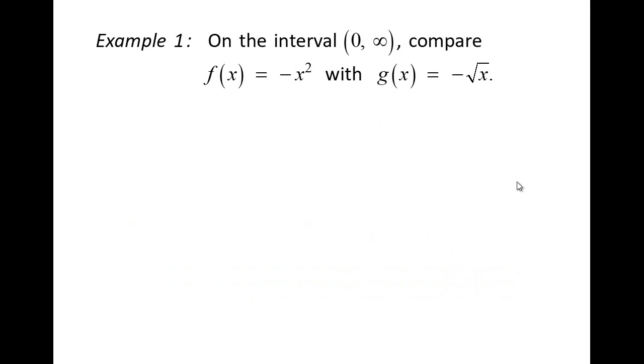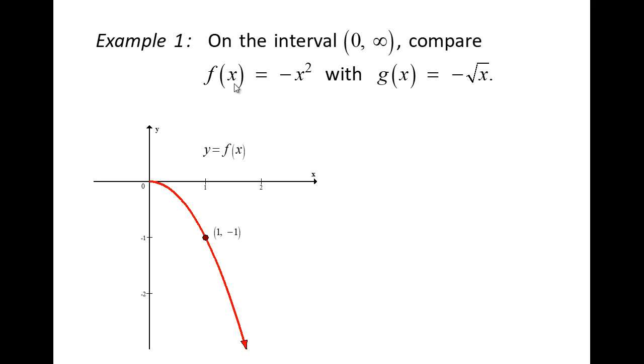Let me start with an example and explain what we are looking for. So let's look at these two functions. One of them is the parabola given by negative x squared. So f is this parabola, and we are taking x from 0 to infinity.